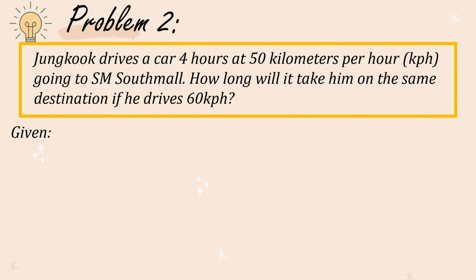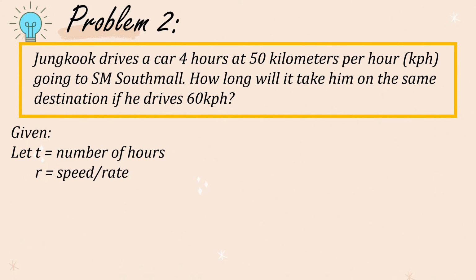So anong variable kaya to? Tama, it is speed. So for this one, we are going to use T for the number of hours and R for the speed. So alin ba dito yung unang pair ng mga values natin? Siyempre, si 4 hours at saka si 50 km per hour.